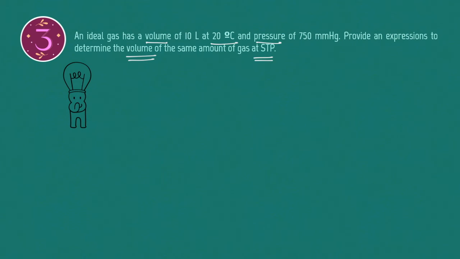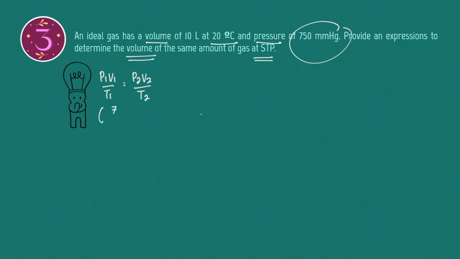If you've been thinking of using the formula P1 V1 over T1 equivalent to P2 V2 over T2, then you are absolutely correct. Since you were given the pressure in mmHg, naturally you need to convert it to atm. The best way is to divide it by 760.